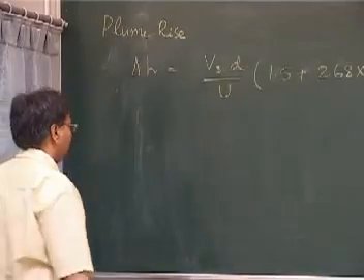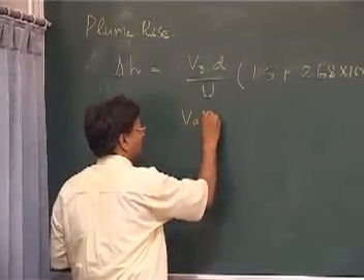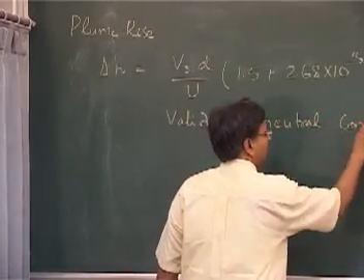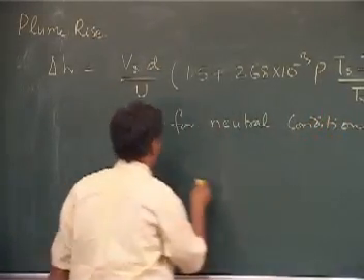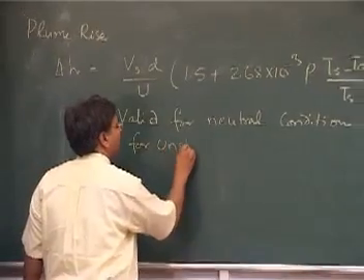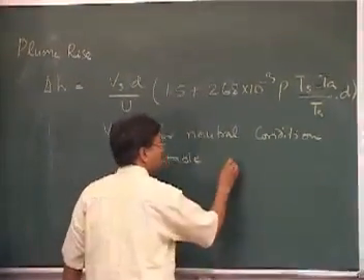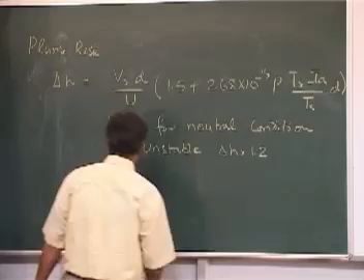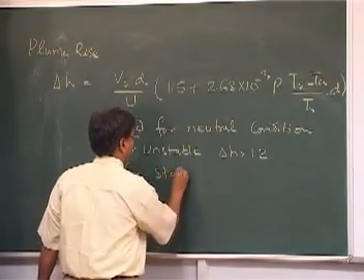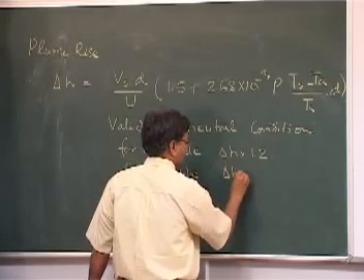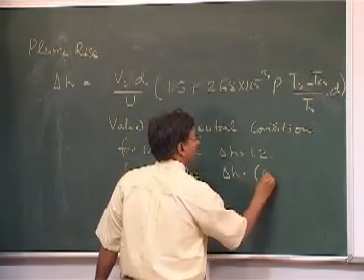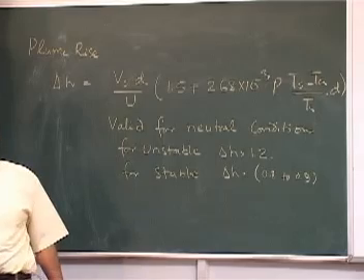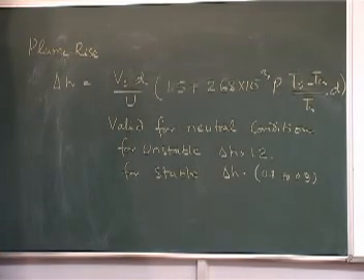For unstable conditions, multiply delta H times 1.2, and for stable conditions, 0.8 to 0.9, whatever you take. So, that is the other thing you should know.